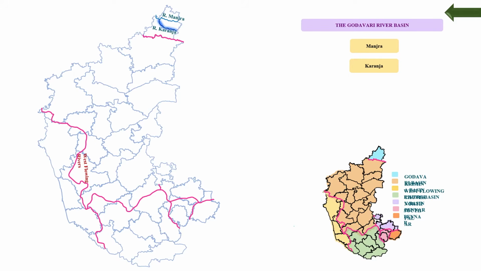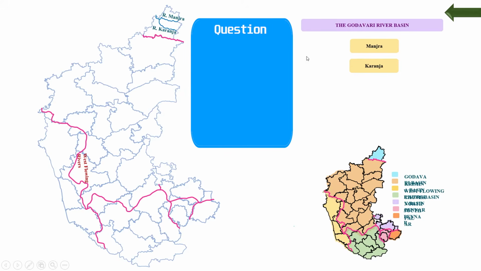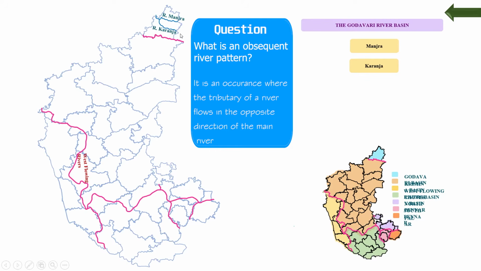I've told you four river patterns and I've explained three of them, right? The fourth one is the obsequent river pattern. What is an obsequent river pattern? It is when the tributary of a river flows in the opposite direction to the main river.